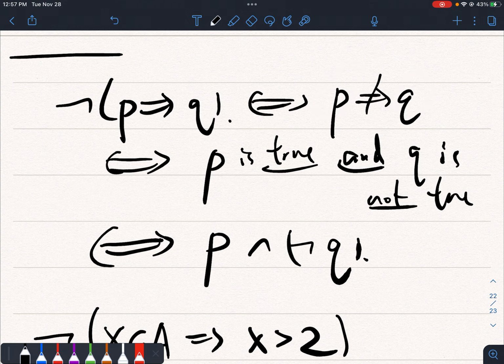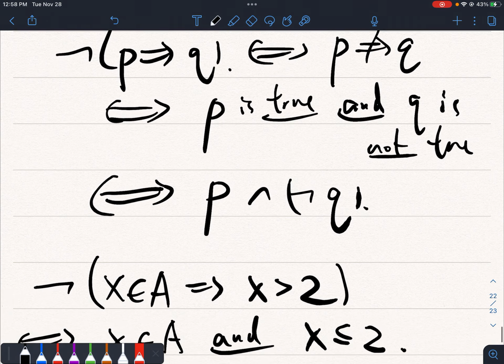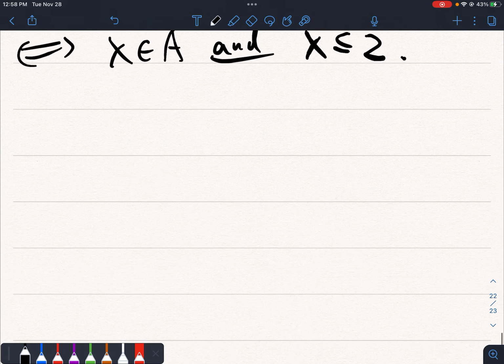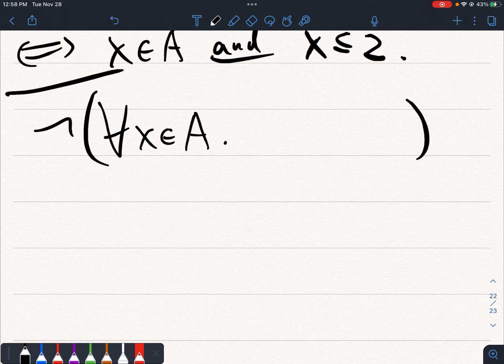So if you just think about it in this way, then you can memorize that not (p implies q) is equivalent to p and not q. Okay, which means if you want to negate, for example, for all x in A, p of x implies q of x.